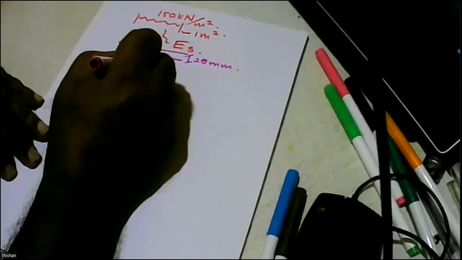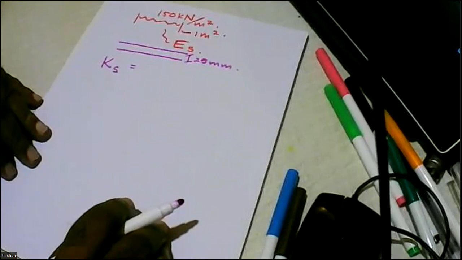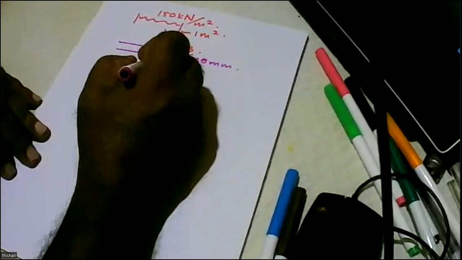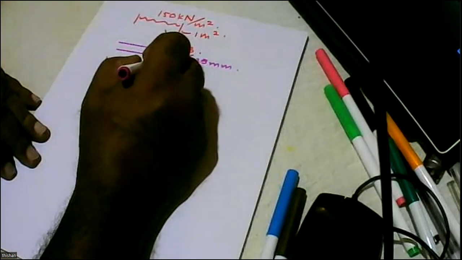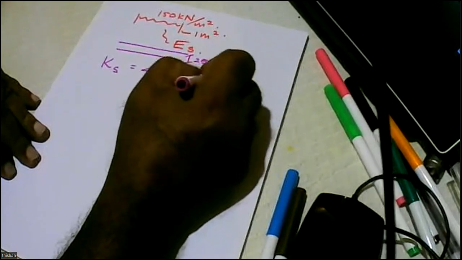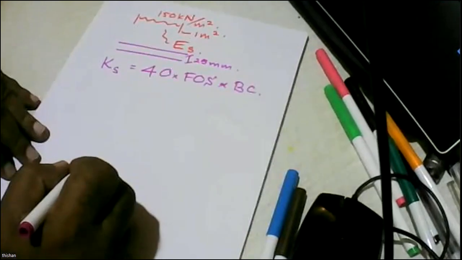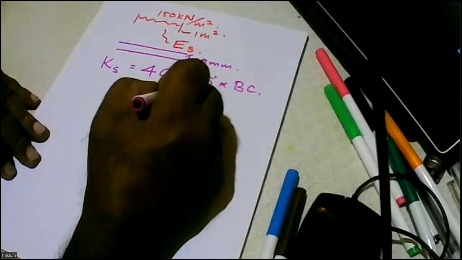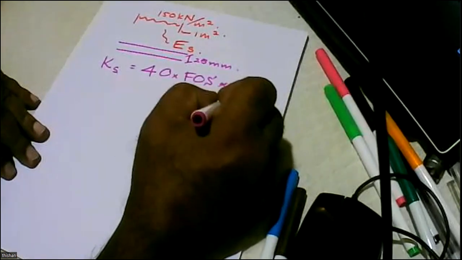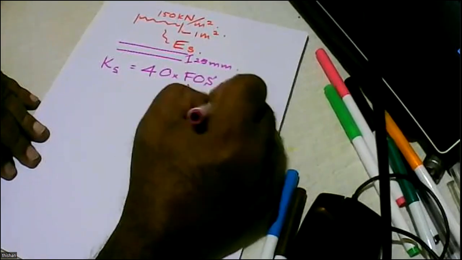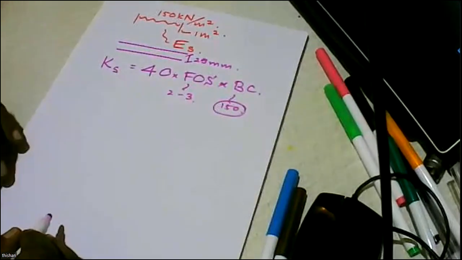So using this particular theory, in textbooks you can find the subgrade reaction of soil. They have given an empirical formula which says it's 40 times factor of safety multiplied by bearing capacity. Generally factor of safety can be 2 to 3, and bearing capacity is whatever the value given, in this case 150.